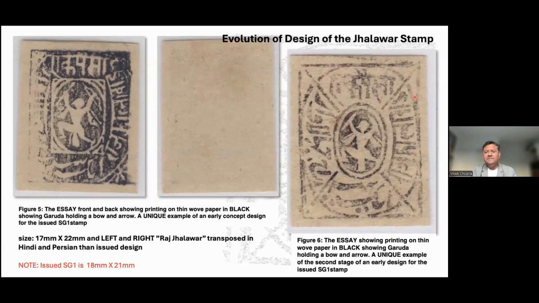Where you see features of the issued stamp right here, which says ek paisa on the top, in Hindi, in Persian, but the final lettering of Jhalawar in Hindi and Persian is still transposed. So you see Hindi on the right, and Persian on the left, but in the original issued design, it's the other way around.